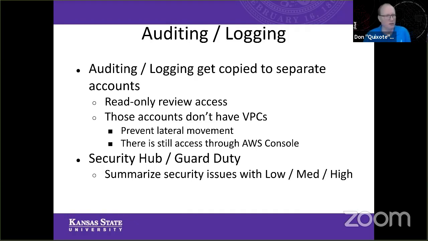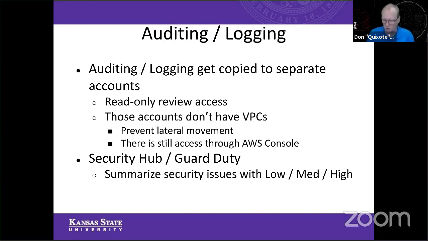We still have access through the AWS console, and you actually have to be able to look at logs for them to be useful. We're using Security Hub and GuardDuty to summarize security issues as low, medium, high. That really helps you pick through, so you're not trying to read logs. There's enough stuff that you can't just go read logs.